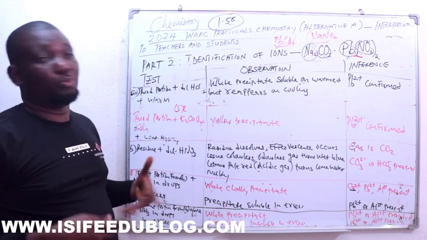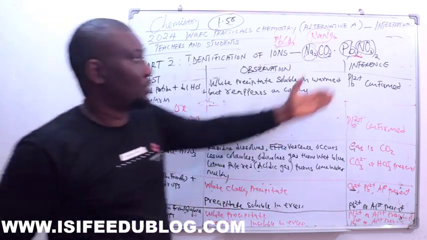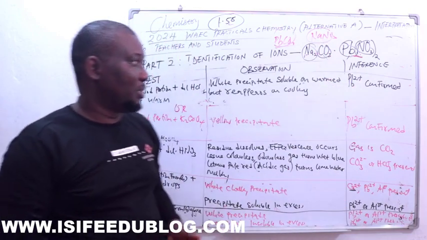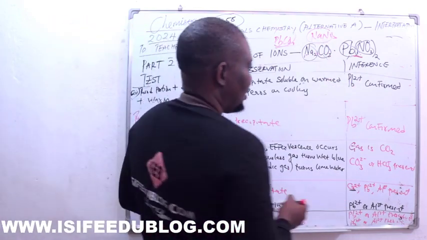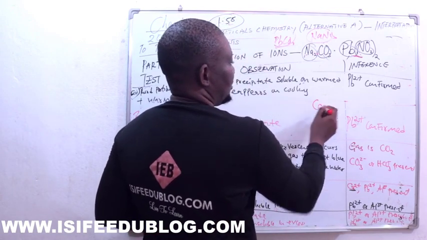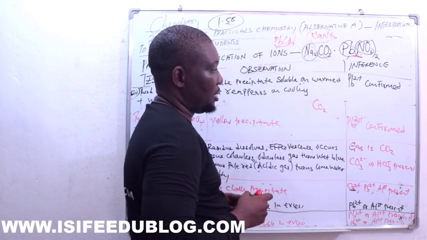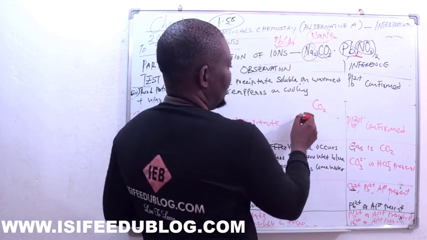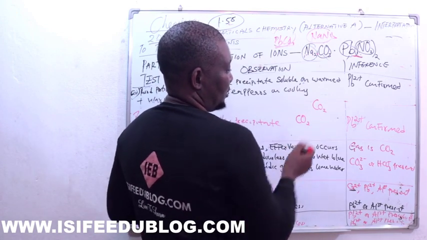Supposing you are asked for your inference, please make sure these ions are correct to score. Nobody is going to score you for writing CO2 like this, because it is not the carbonate. You must maintain consistency.